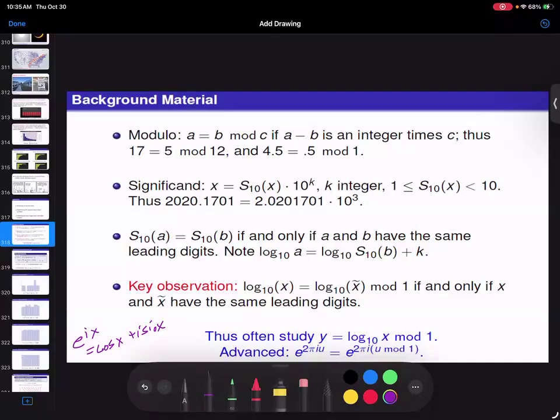And so if I want to study e to the 2 pi i u, it's enough to study e to the 2 pi i u mod 1. So in this situation, if I look at things in terms of exponentials, I only need to understand my input up to an integer. And that's bringing us back to what we were doing earlier, the clock arithmetic and writing things in the significand. So the stuff we've been doing has tremendous applications. This leads to the subject called Fourier analysis.